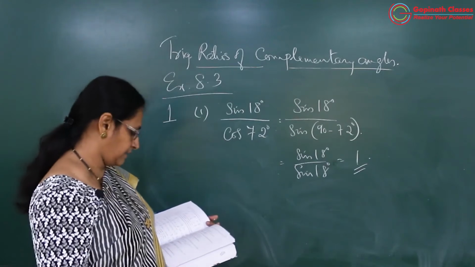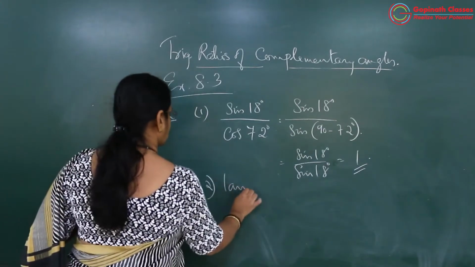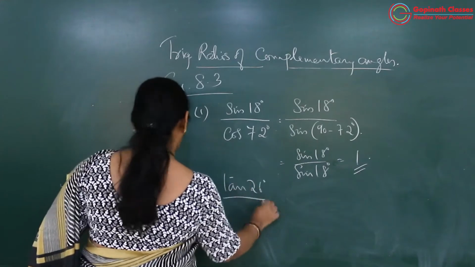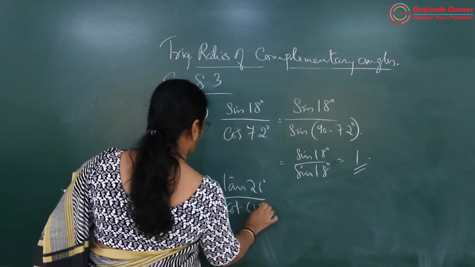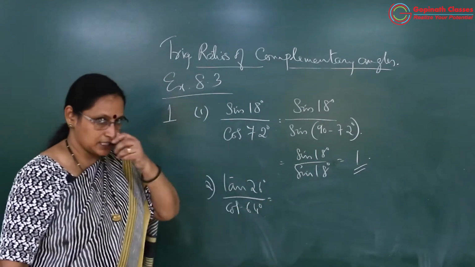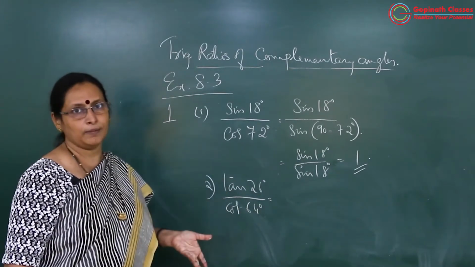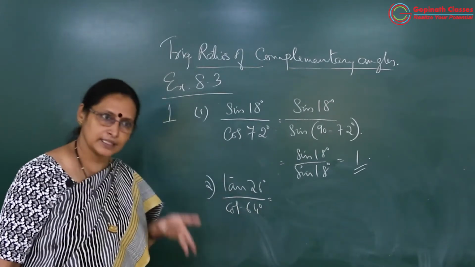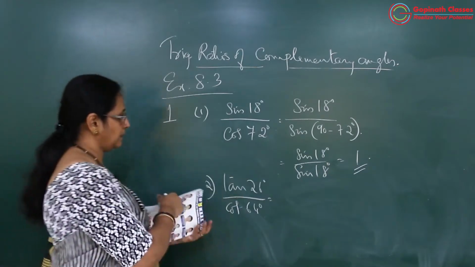Okay. Come to the next question. It is one and the same. Tan 26 degree upon cot 64 degree. You know 26 degree and 64 degree are complementary angles. Tan and cot are complementary relation. They are one and the same and the answer will be 1. How to depict it?